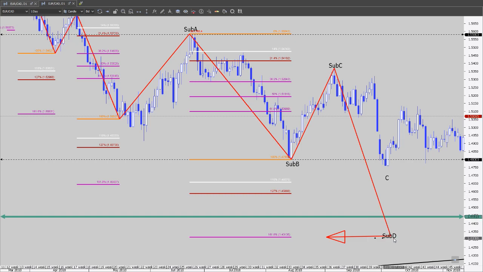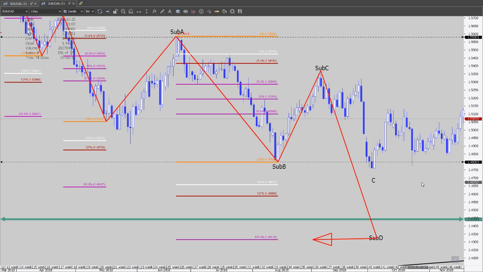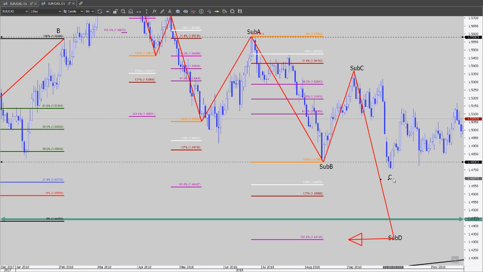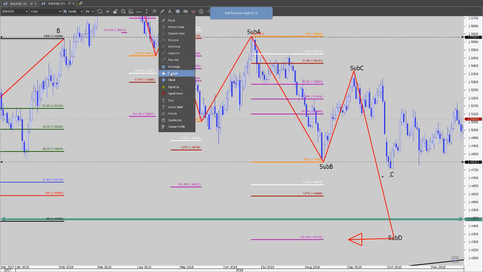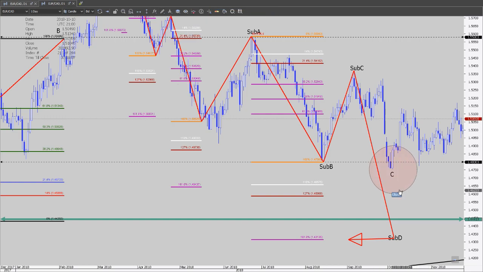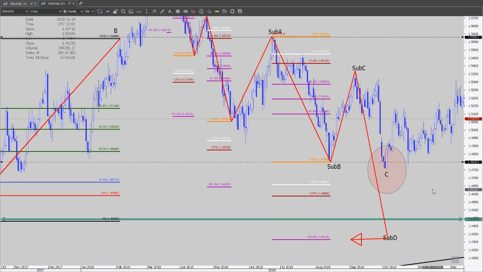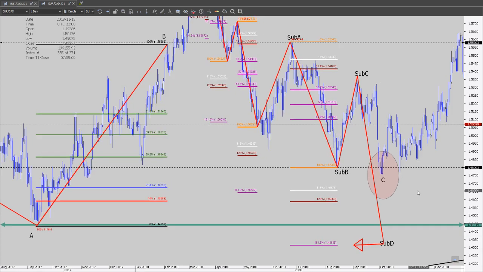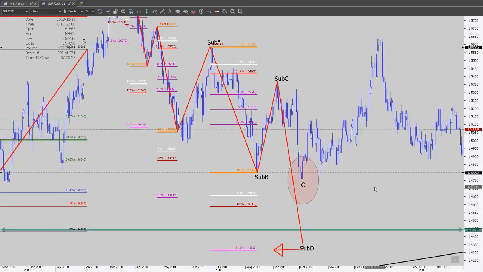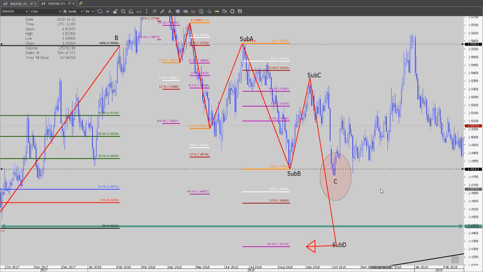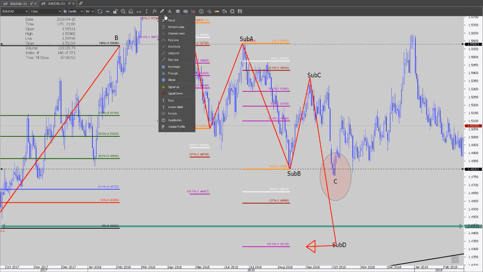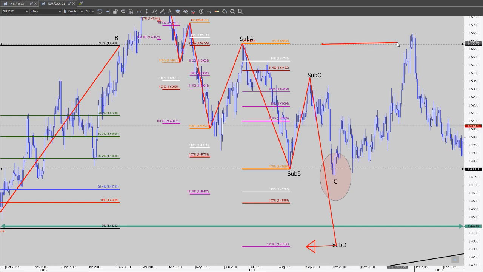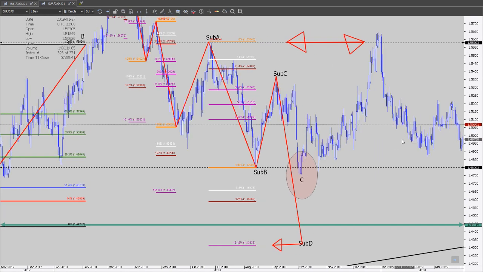Our projected sub D is below, and this makes this C a confirmed C. From yesterday's webinar we explained to you how to understand the contrarian Fibonacci. But the market broke our down Fibonacci. As you can see, the market up in here broke our contrarian Fibonacci. So this contrarian Fibonacci is not valid anymore.